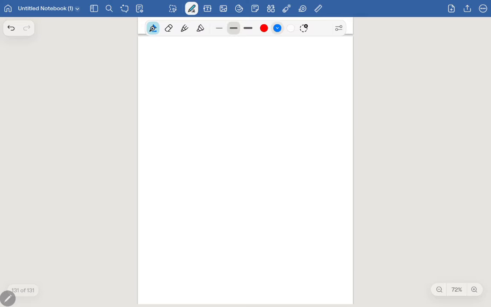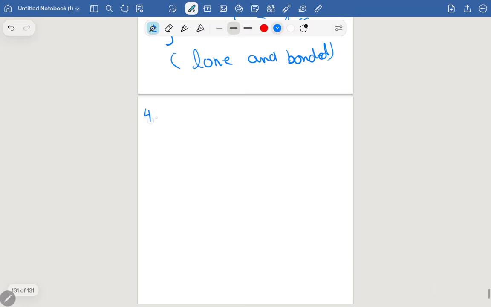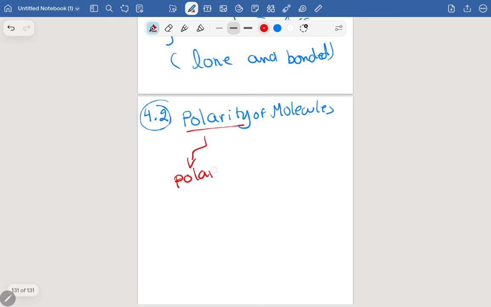So now we'll move on to the next section, which is section 4.2. 4.2 talks about the polarity of molecules. First of all, before we start, what is the definition of polarity? Or let's be simpler, the definition of polar.